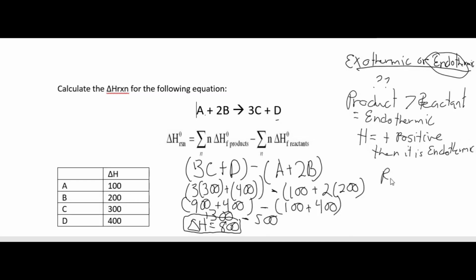If reactant is bigger than product, then it is exothermic.